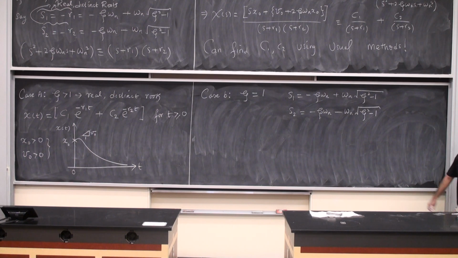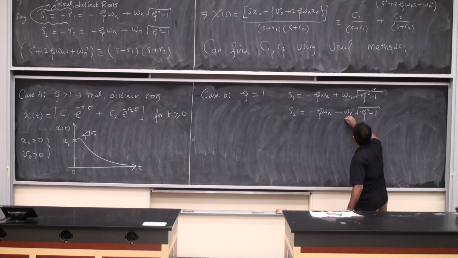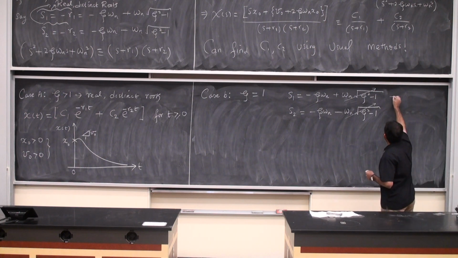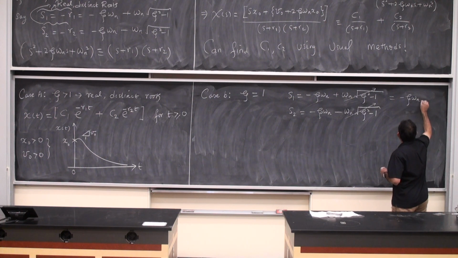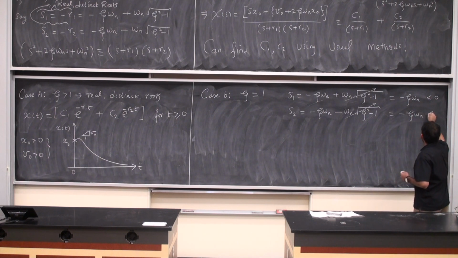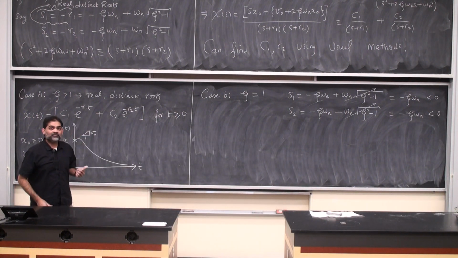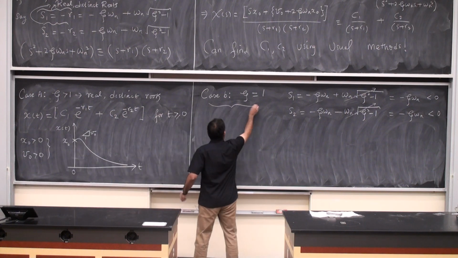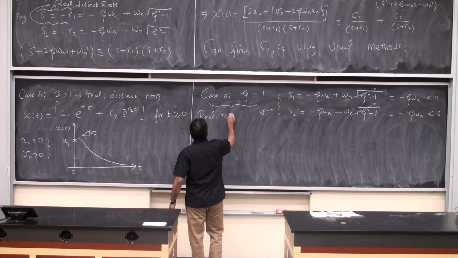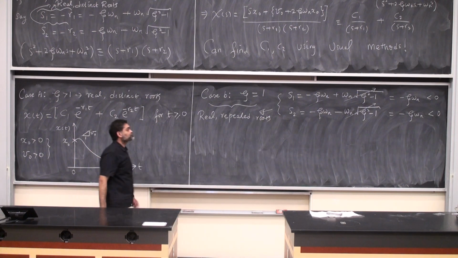If I substitute theta is equal to 1, then 1 squared minus 1 is 0. They both cancel off. And so I have both the roots being the same, which is less than 0, which is also less than 0. So this is the case of real and repeated roots. Okay? This is the second situation. So I have real repeated roots.